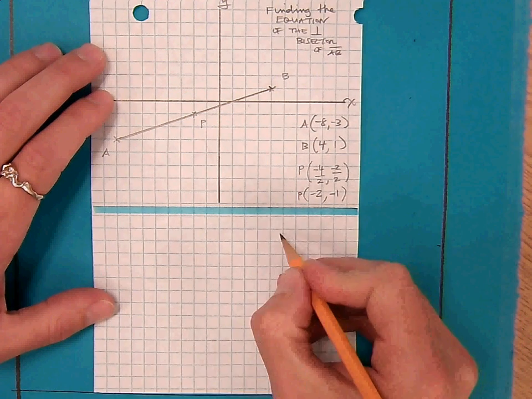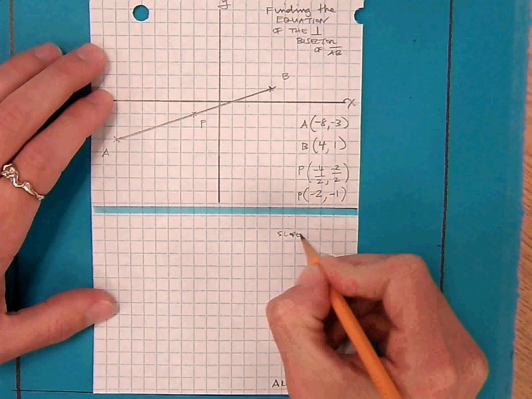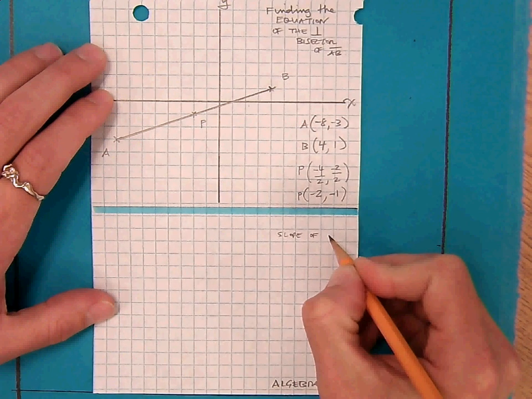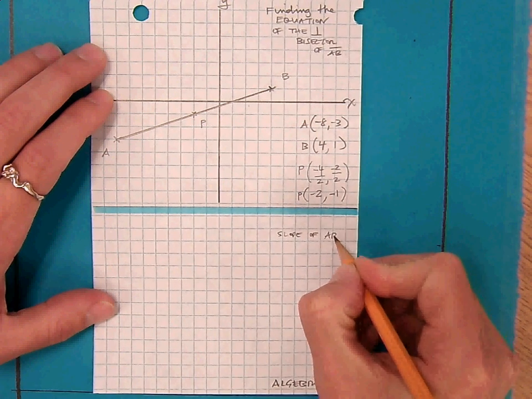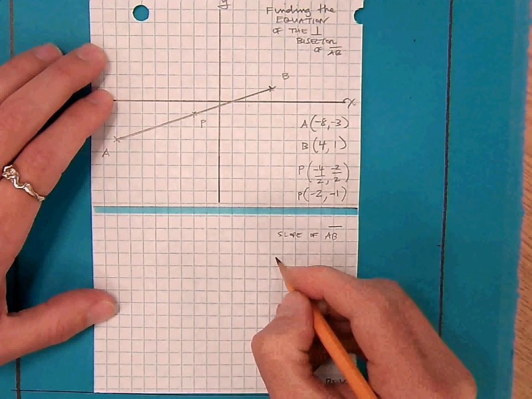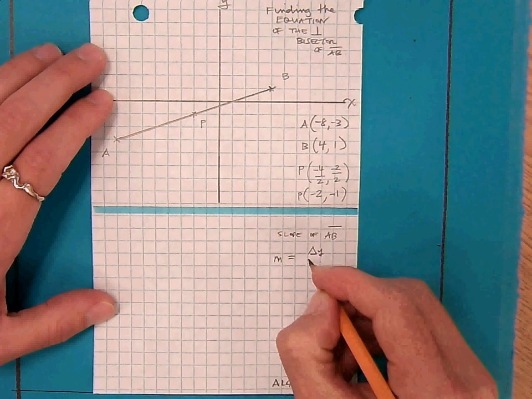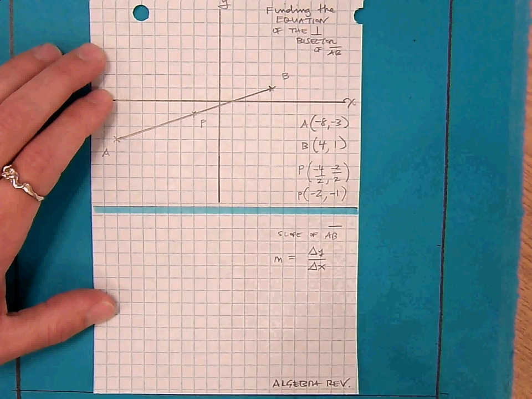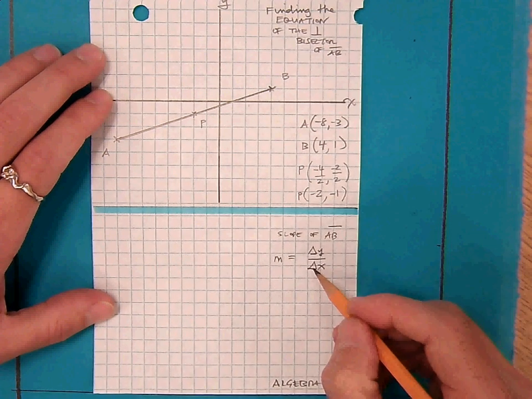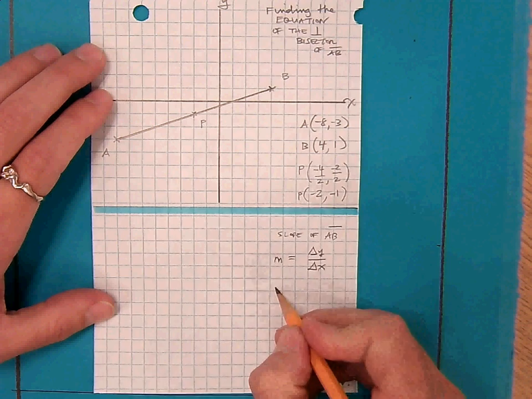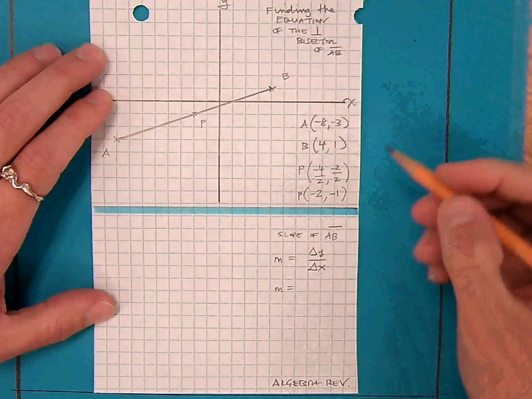Let's first calculate the slope of segment AB. To do that, slope, I use little m for that. That's going to be change in y over change in x. As you recall, the notation delta is change, is subtraction. So we subtract our y values.